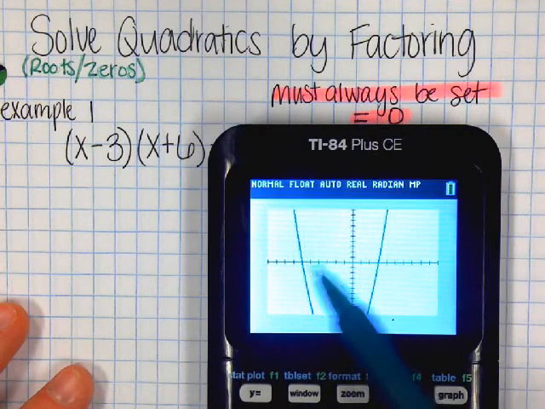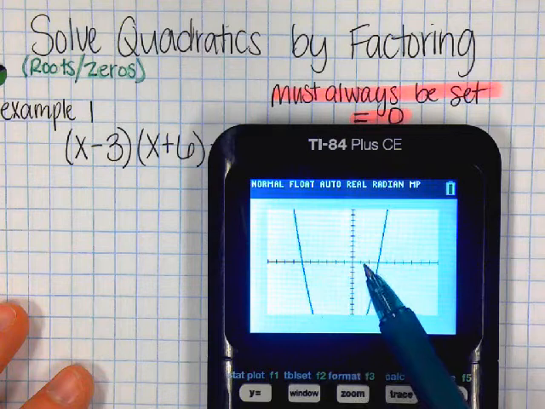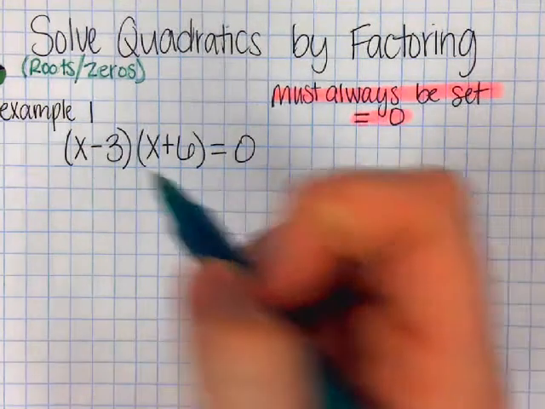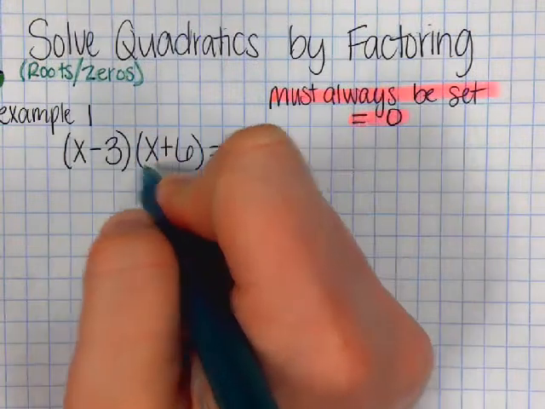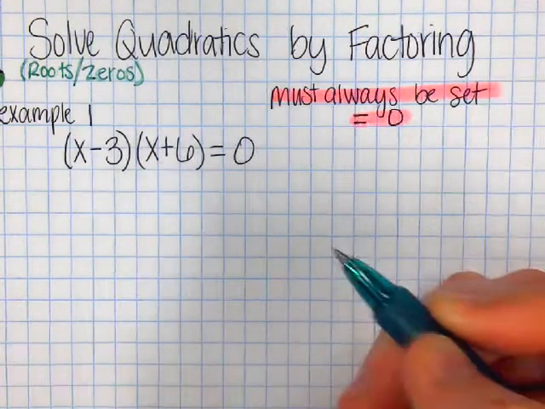That point right there is at negative 6, 0, and this one's at 3, 0. Okay, so x minus 3 and x plus 6 equals 0.